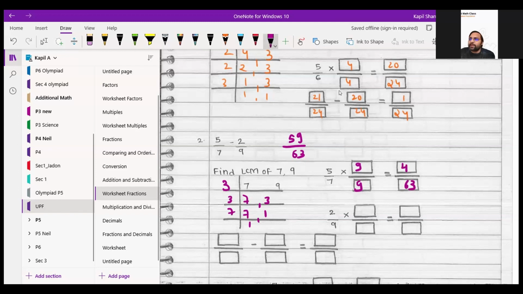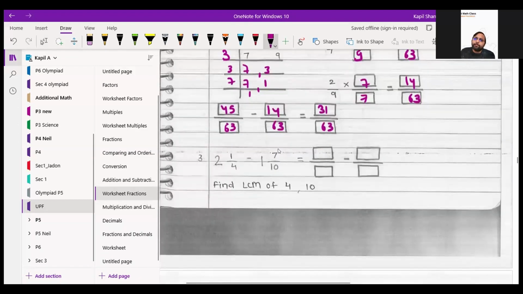You're supposed to subtract. Okay, so here it's 14 upon 63. So we need to subtract 14 upon 63 from 45 upon 63. So 45 minus 14 is 31. So this is the answer. Okay.